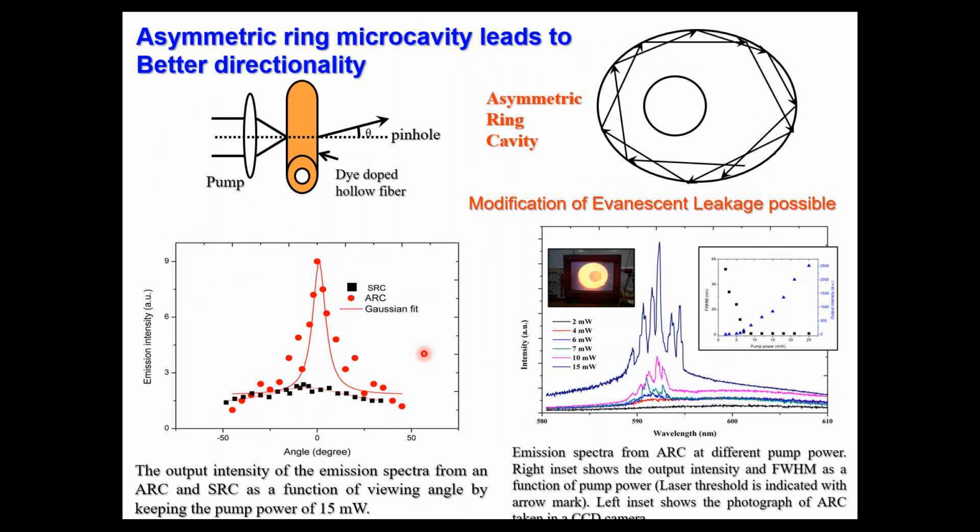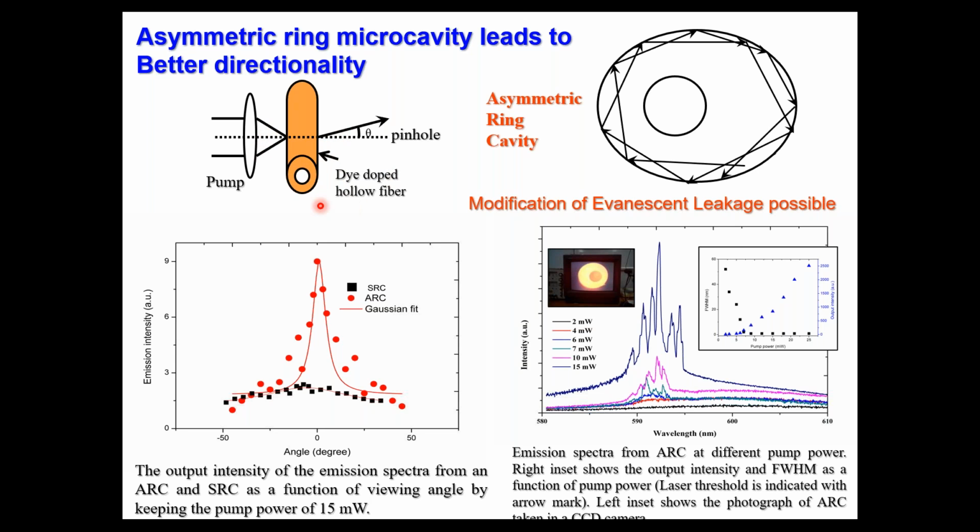And one important thing to be noticed here is that the laser emission in all these cases happens in all the 360 degrees. They are not at all directional. So you have a microcavity, something like this, in the form of a hollow cylinder, like in the case of a fiber doped with a gain medium. You pump it from the side, and the laser oscillates, and the emission happens from all the 360 degrees.